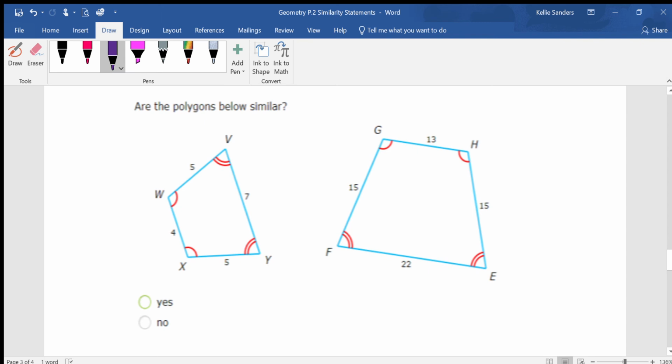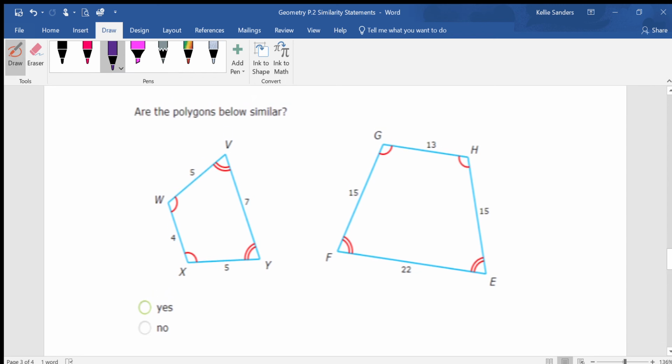Are the polygons similar? So the angles are the same, but remember they have to be proportional to each other. So what you would do on this, if I picked 4, which side on the right one would be going with 4? It'd be 13, correct?